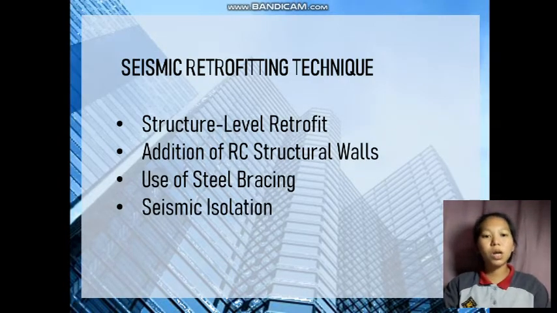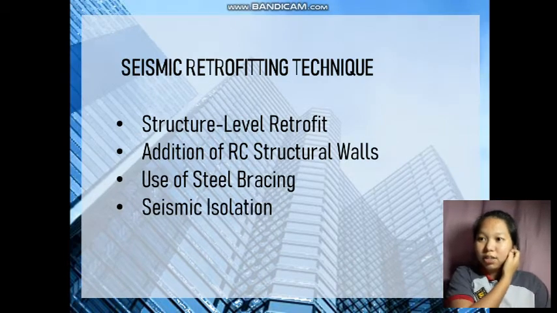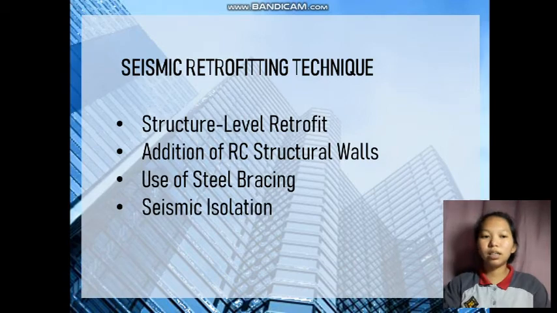The bearings are installed between the superstructure and its foundations. Because most bearings have excellent energy dissipation characteristics, this technique is most effective for relatively stiff buildings with low rises and heavy loads.